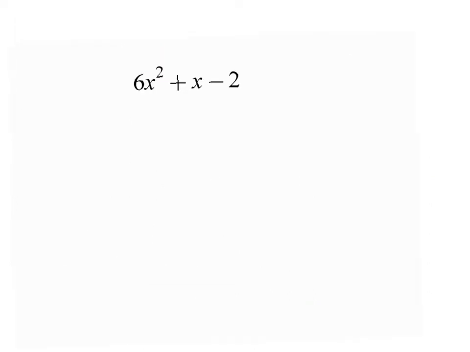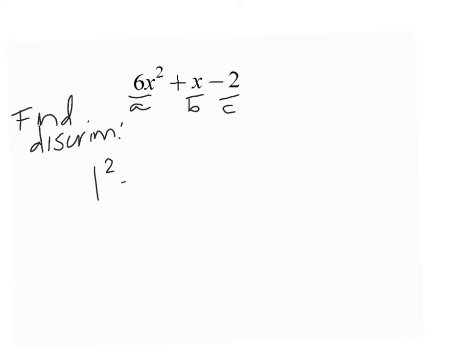Okay, so first I'm going to find the discriminant. When I find the discriminant, I need a, b, c. It's b squared, so 1 squared minus 4 times 6 times negative 2.